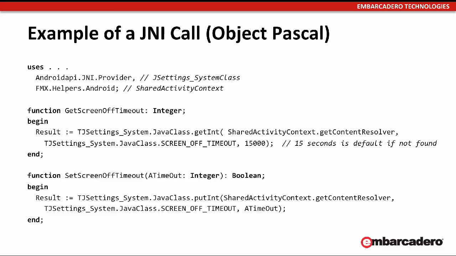So I'm calling a class method or a static method on that class. And the method I'm calling is getInt, which is getInteger. And then I pass in the content resolver and the parameters of the setting I'm looking for. Same thing down below. I use putInt in order to change the value, put a value in there.